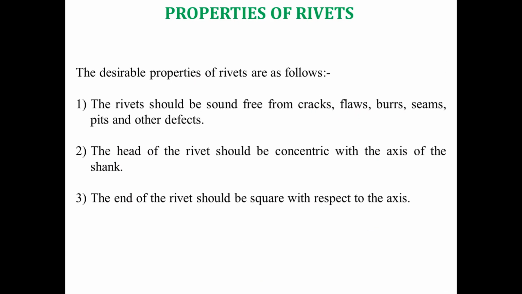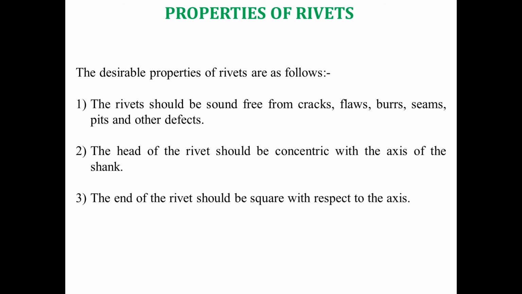So the next topic is the properties of rivet. So far we have understood what a rivet is, what a rivet joint is, and how a rivet joint is used to join two metallic parts or two dissimilar metallic parts. Then we understood the specifications of a rivet, and then the different types of rivet heads.